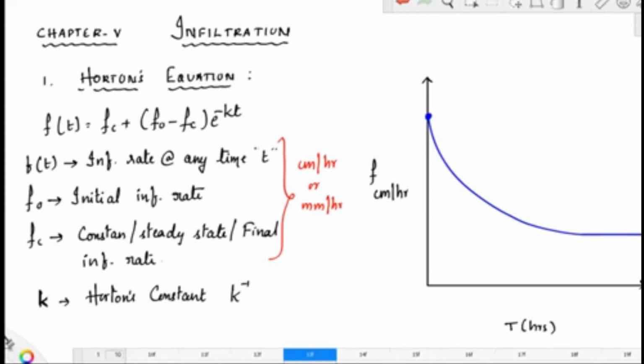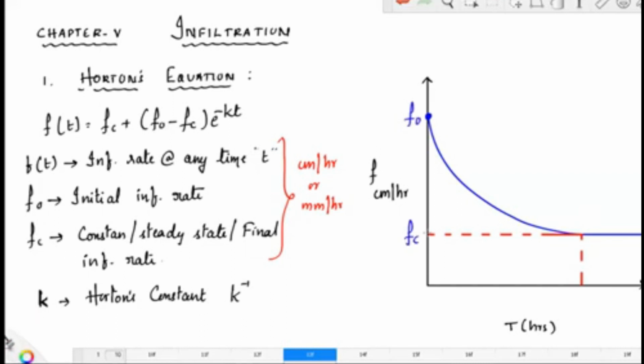Okay. This is your Horton's curve. So this is f naught.